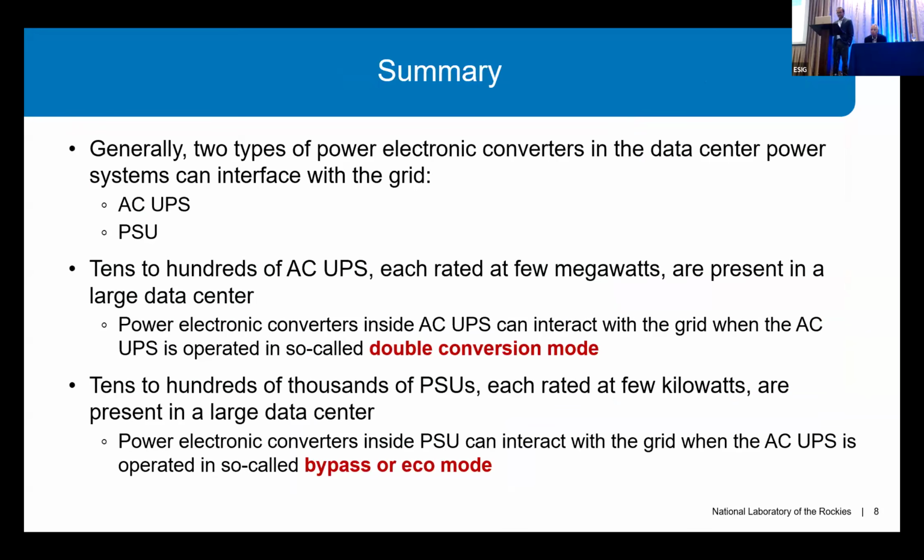To summarize this part of my presentation, generally 2 types of power electronic converters interface with the grid from data centers. The first is the AC UPS, and the second is the PSU. Now, AC UPS is very similar to inverters that we use in battery energy storage systems and PV power plants.